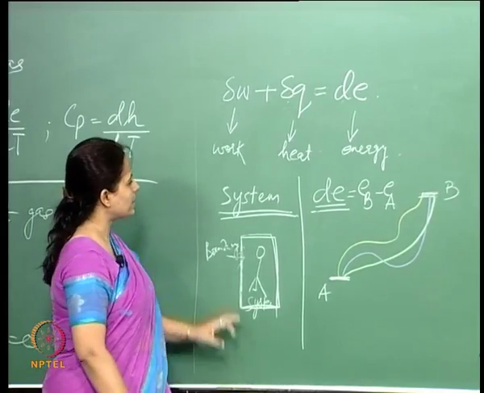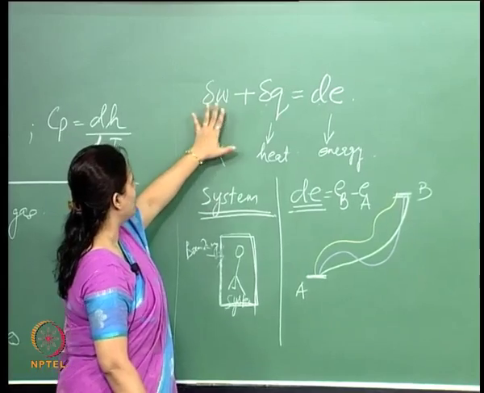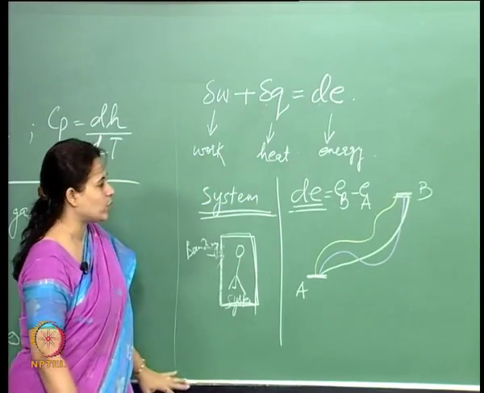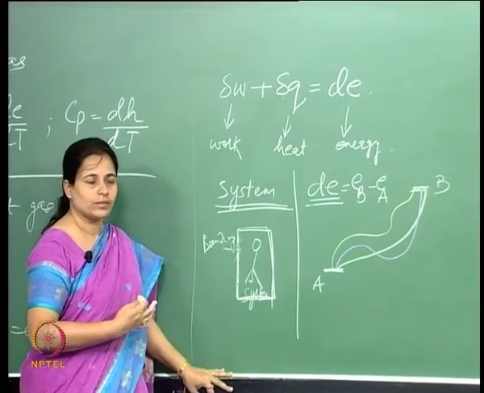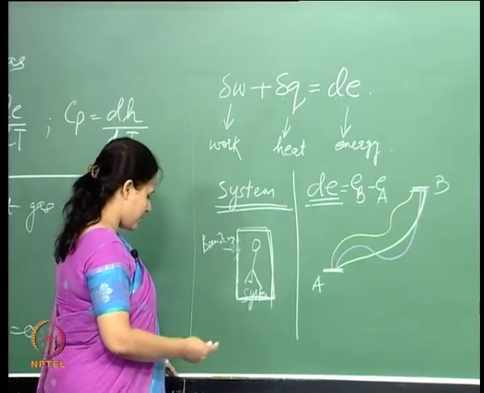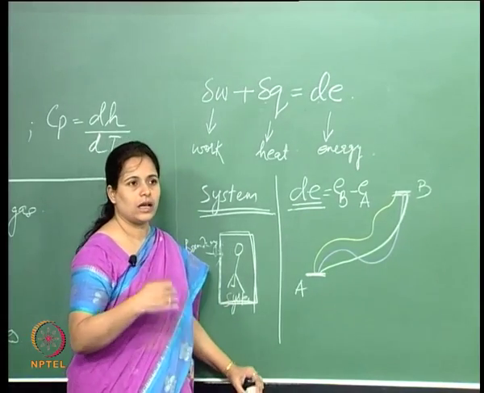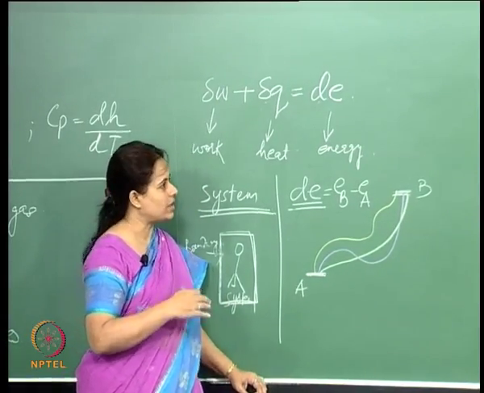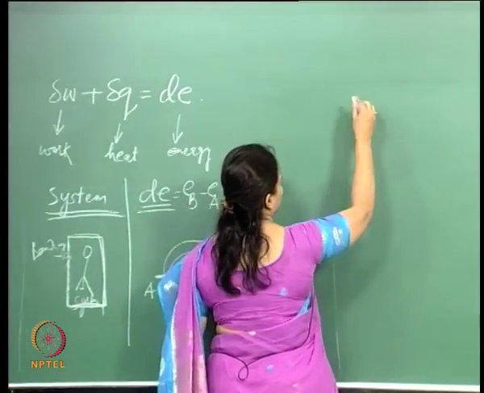So, when there is more than one way of doing work and heat, we can categorize these ways as well. There are basically 3 categories of that. We will understand a little more as we go along, but briefly for now we will write what those processes are.